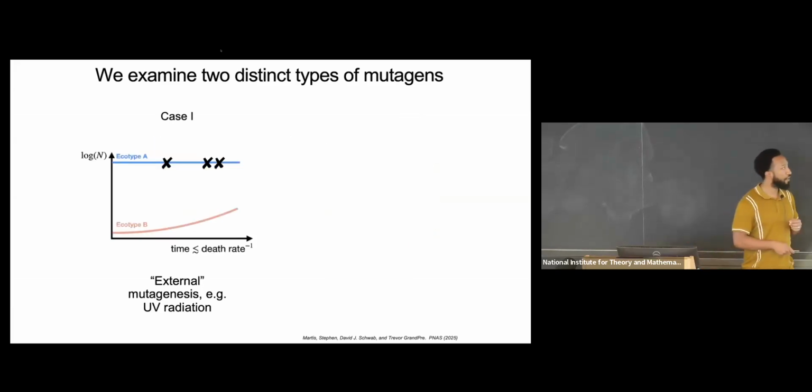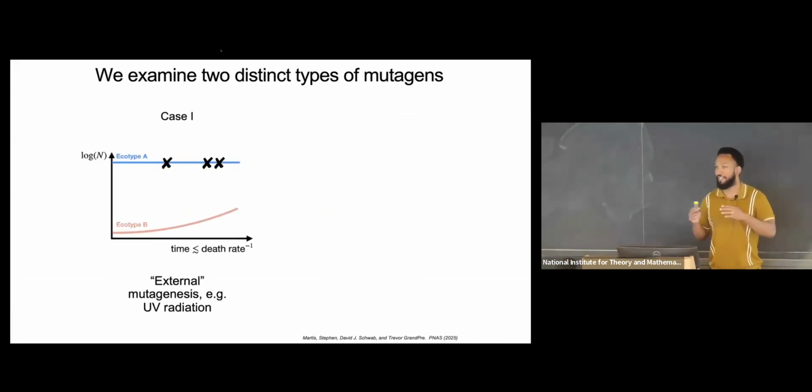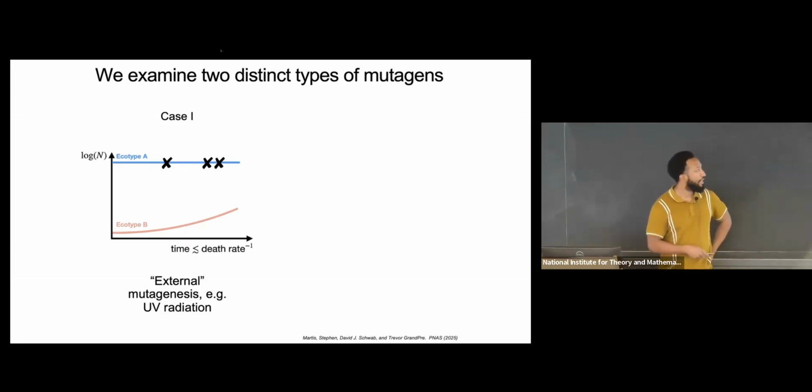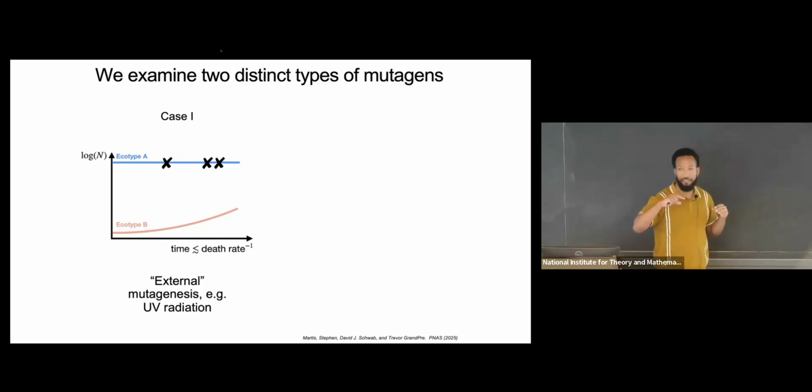Let me first motivate, on a population level, a thought experiment of what you would expect in these two cases. Imagine you have two ecotypes. Ecotype A is very large but relatively constant, and ecotype B is small but growing very fast.